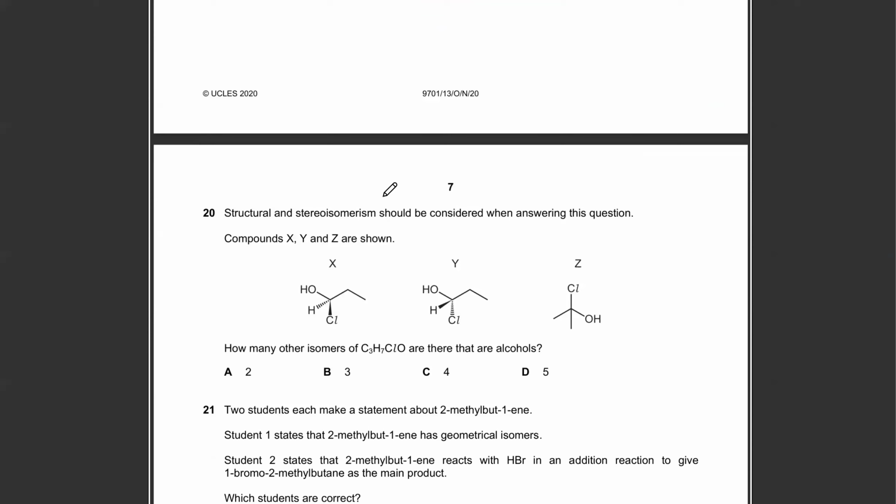Stereoisomerism should be considered when answering the question. Structures X, Y, and Z are shown. How many other isomers of this are there that are alcohols? And he says, so basically looking for all of them, right?